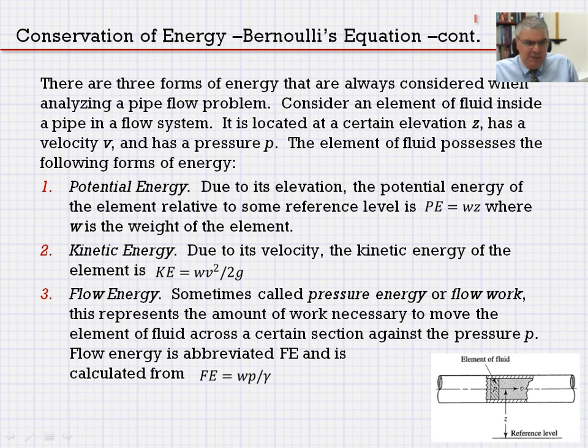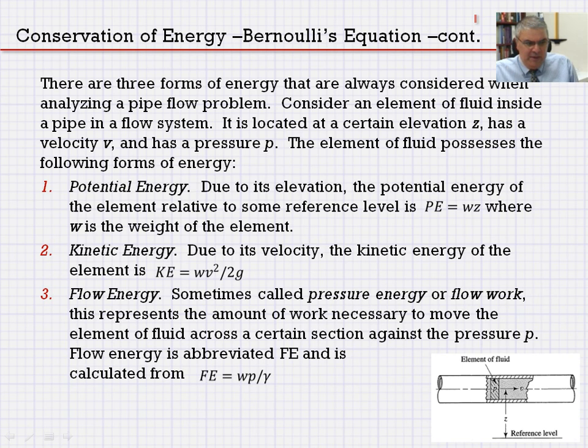And the flow energy is also another type of energy that's involved with the flow of a liquid or a fluid. Of course, fluid could also be gases. This is called pressure energy sometimes, or flow work. This represents the amount of work that is required to move the fluid from one point to another.